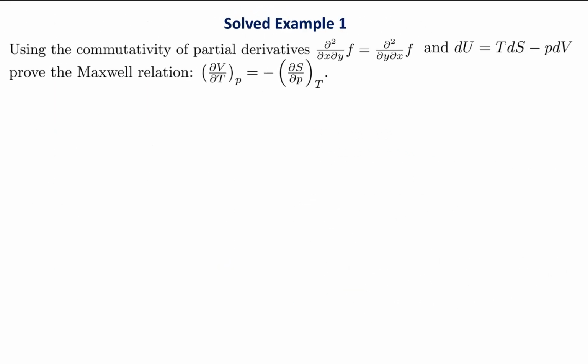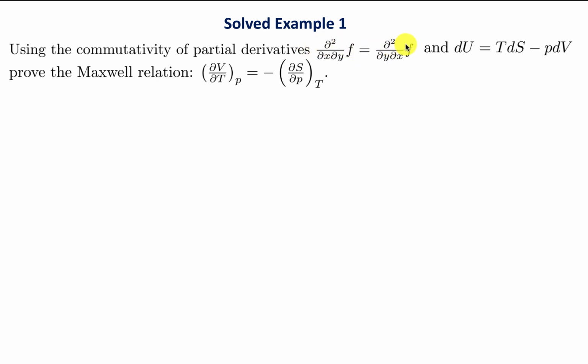Let me now develop more implications of the fact that the entropy is a state variable. Let's use the mathematical fact that partial derivatives commute with each other. In other words, I can differentiate with respect to y first and then with respect to x, or first differentiate with respect to x and then with respect to y.